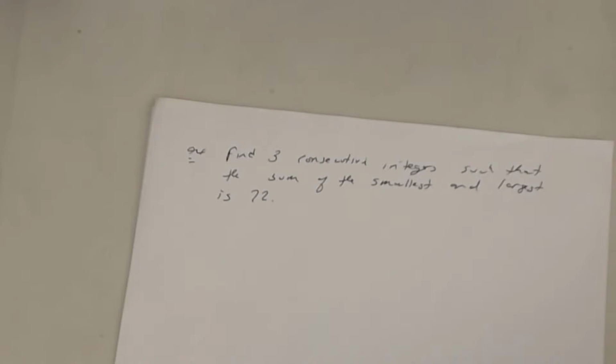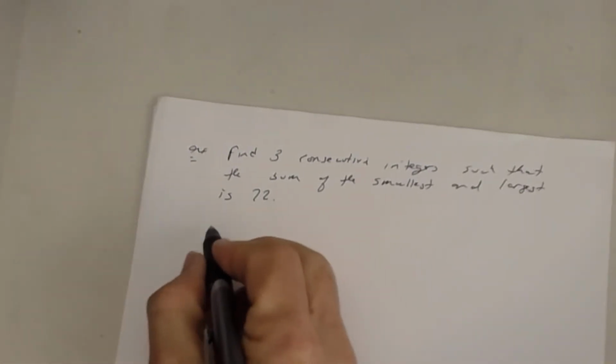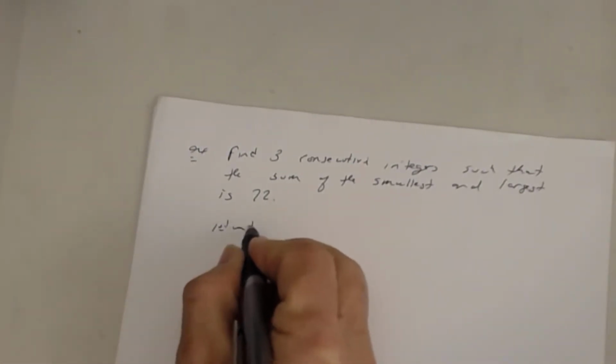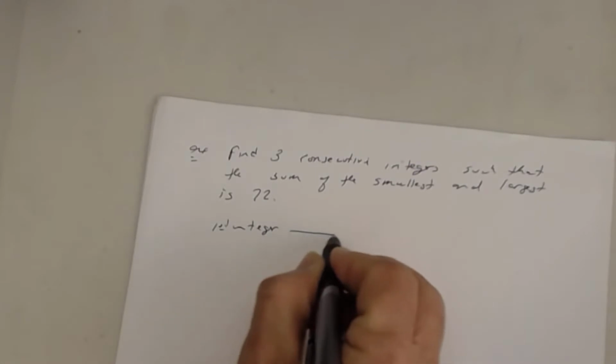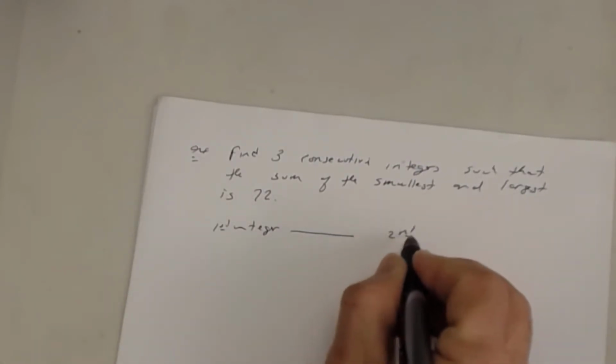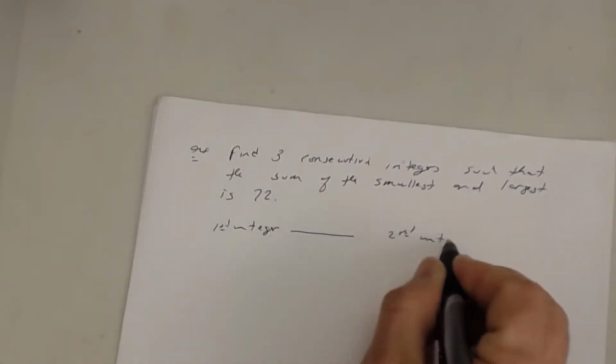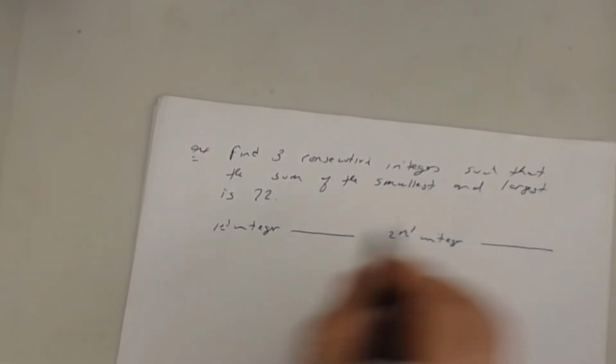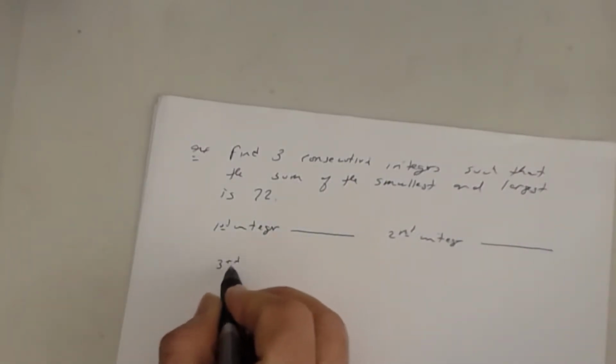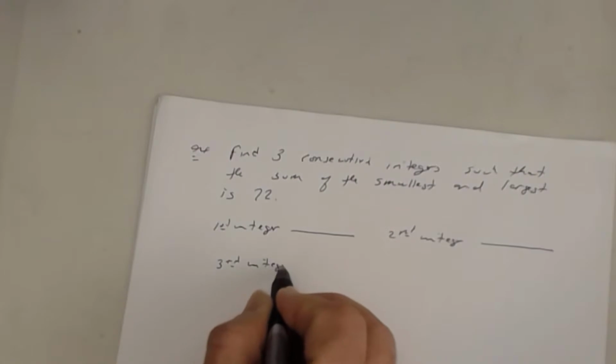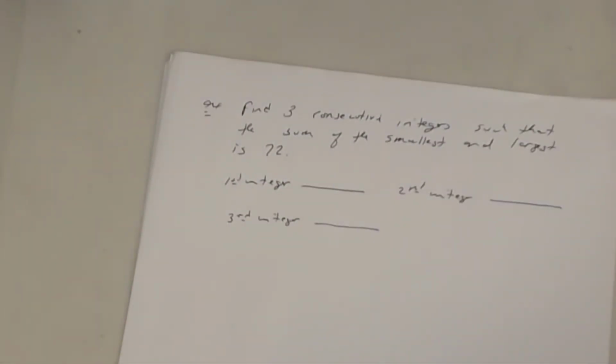3 consecutive integers. So we're going to say first integer, second integer, and third integer. Okay. All right, got to fill in those blanks with expressions, though. So what are you going to let the first integer be?